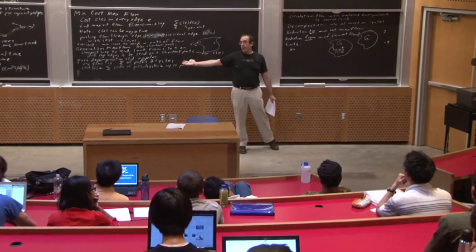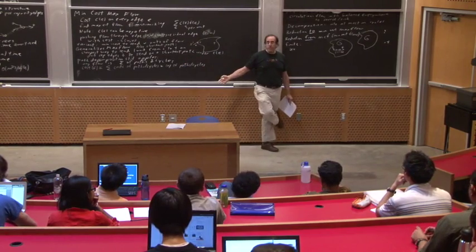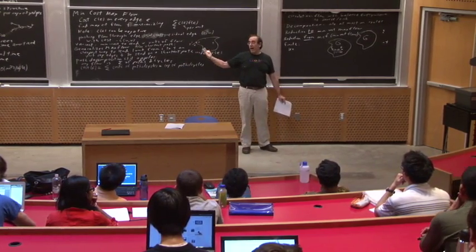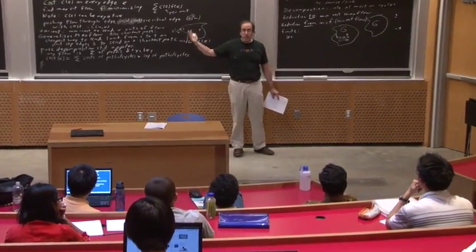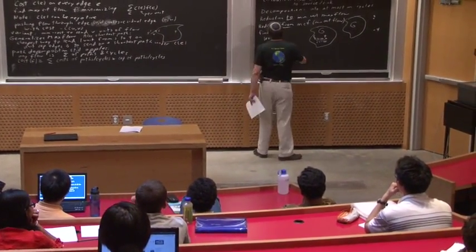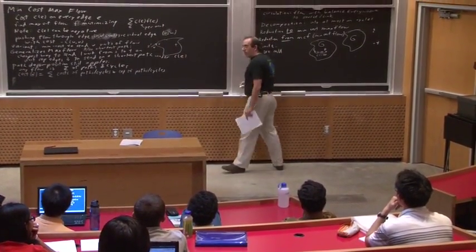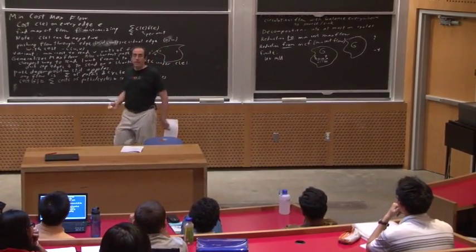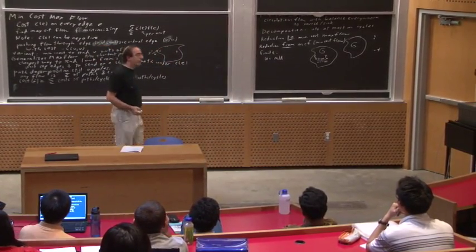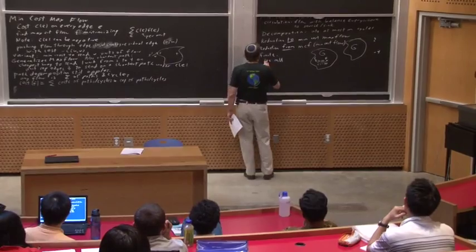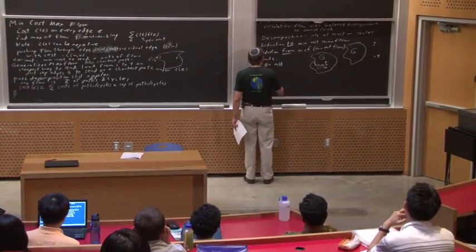And as we did in previous lectures, we can bound this by the total capacity of the graph, right? The sum of capacities of the edges. I'm going to be lazy and just bound it by m times the maximum capacity. Okay. Now, let me keep this small just so that it's clear.